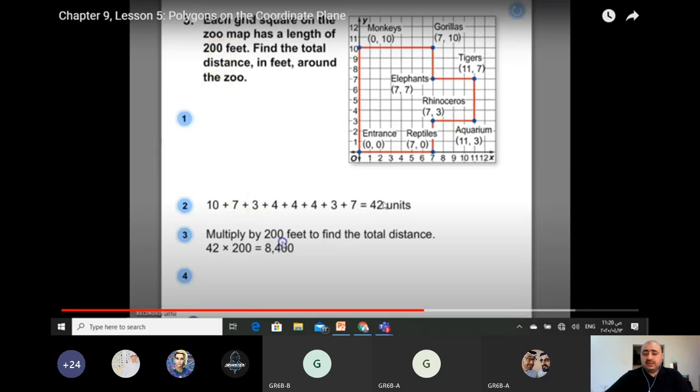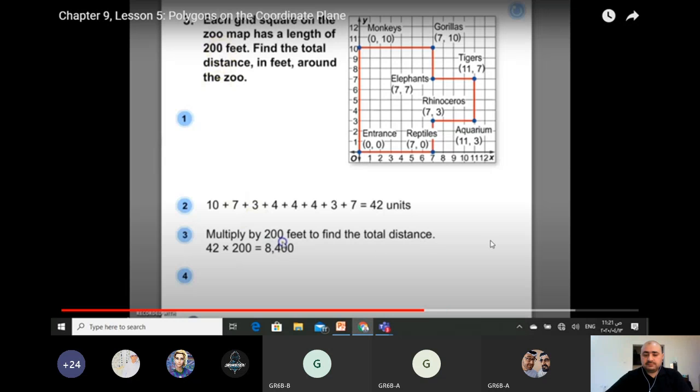And here, units means this box, the small square, and in the conversion, each square means 200 feet. So to convert from the unit to the feet, just multiply by 200. So 42 multiplied by 200 will be 8,400 feet.